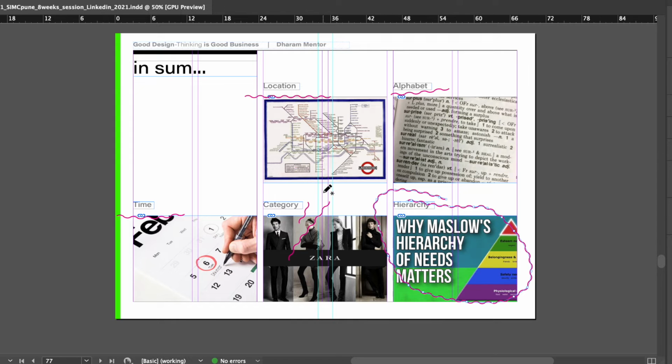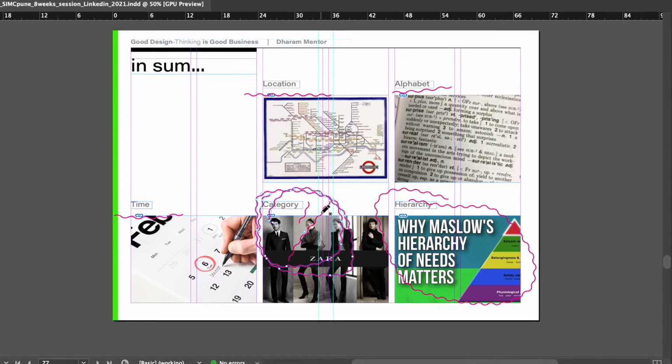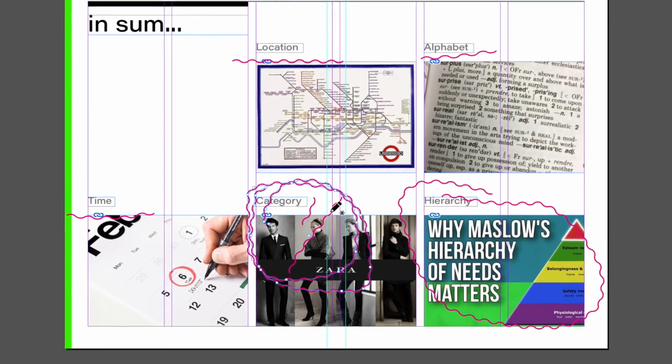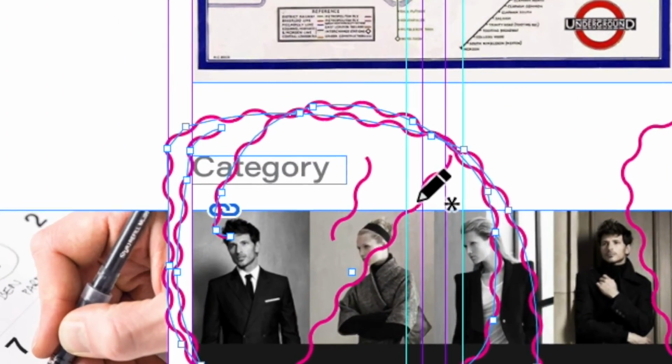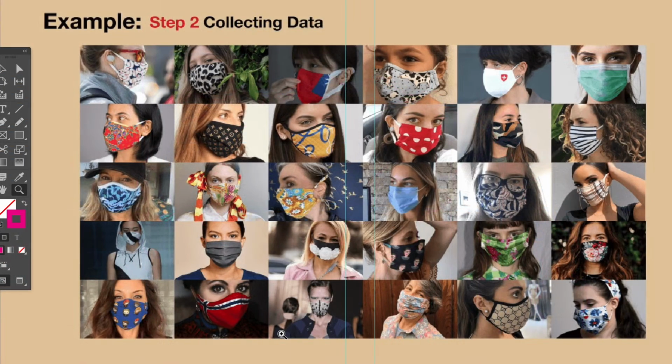So in my exercise, I followed the category factor to organize my data and see the insights from category as the primary way of segregating or organizing this data.